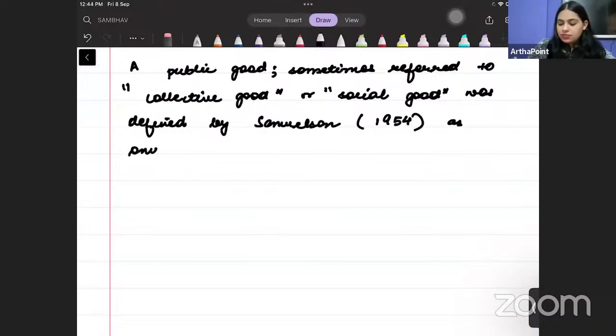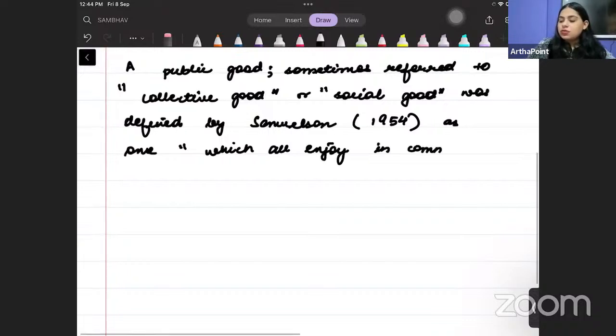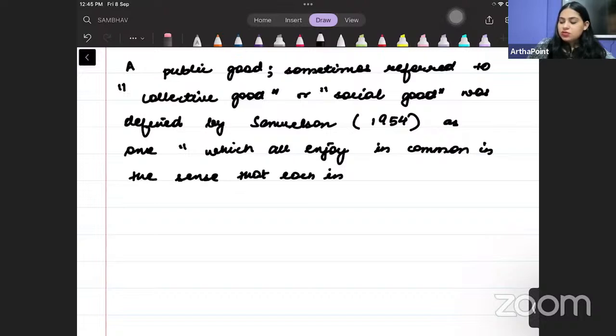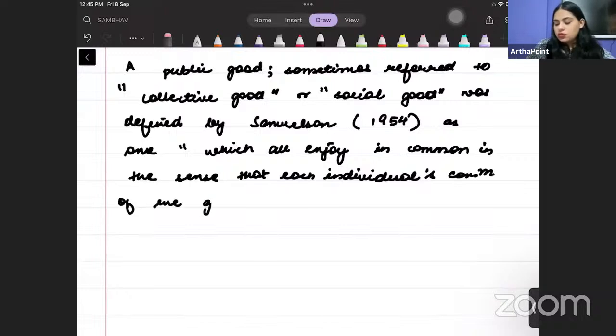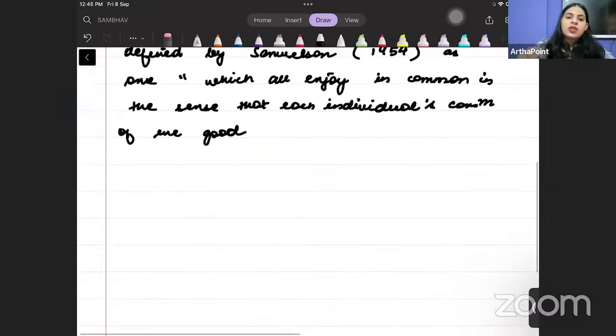As one which all enjoy. A good that everyone can enjoy in common, in the sense that each individual's consumption of the good leads to no subtraction from any other individual's consumption of that good.